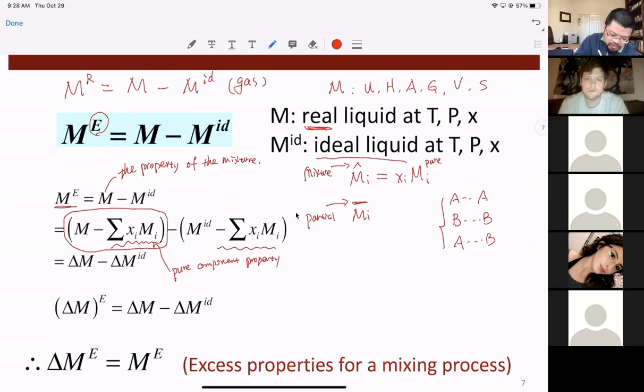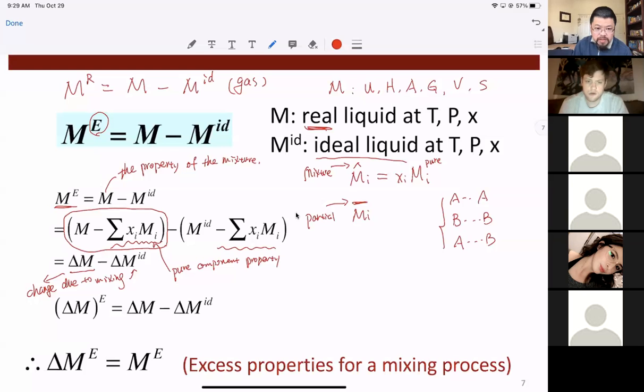So that is a change due to mixing. Okay. Then the second is also the change, but this is a change due to mixing for the ideal liquid.